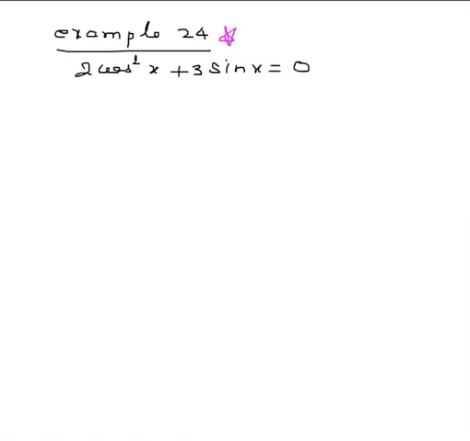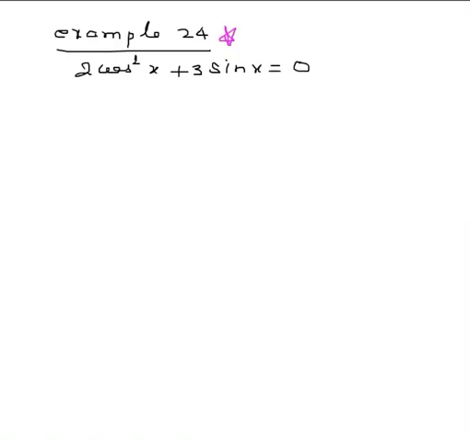Example 24. The given equation is, this is an important question. Two cos square x plus 3 sin x is equal to 0.